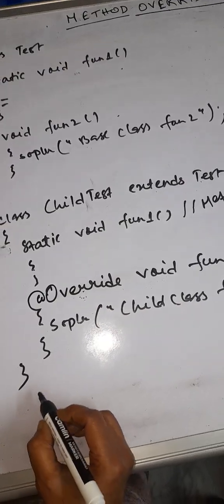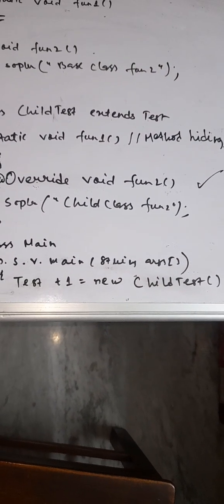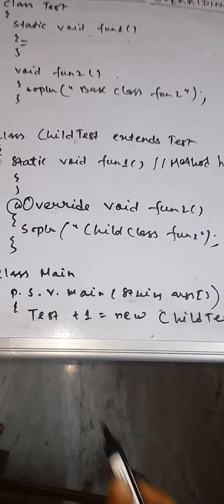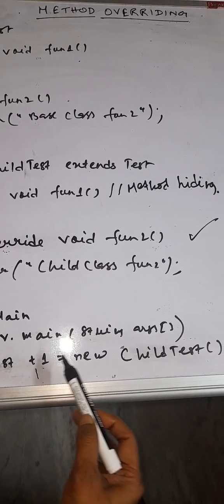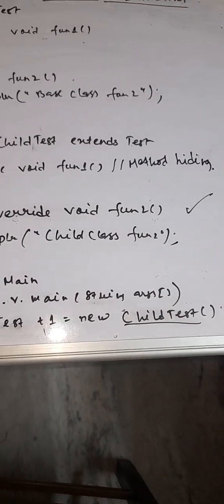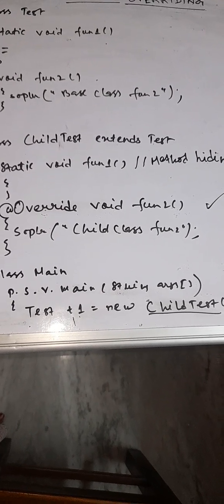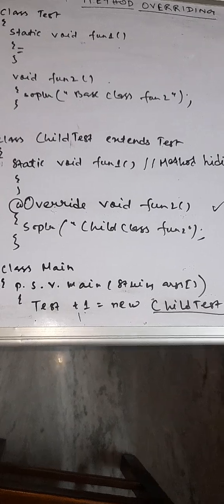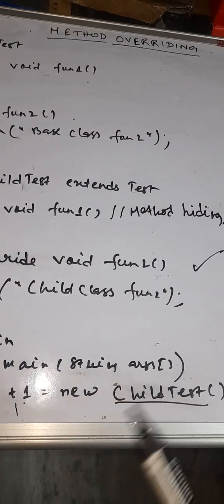So now within the main class, you see I declared one reference variable, that is t1 of the Test class, and this reference variable refers to the object of the child class. Clear? This part I already discussed in my previous session, about instance and object. Here you see, this t1 refers to the child class object.